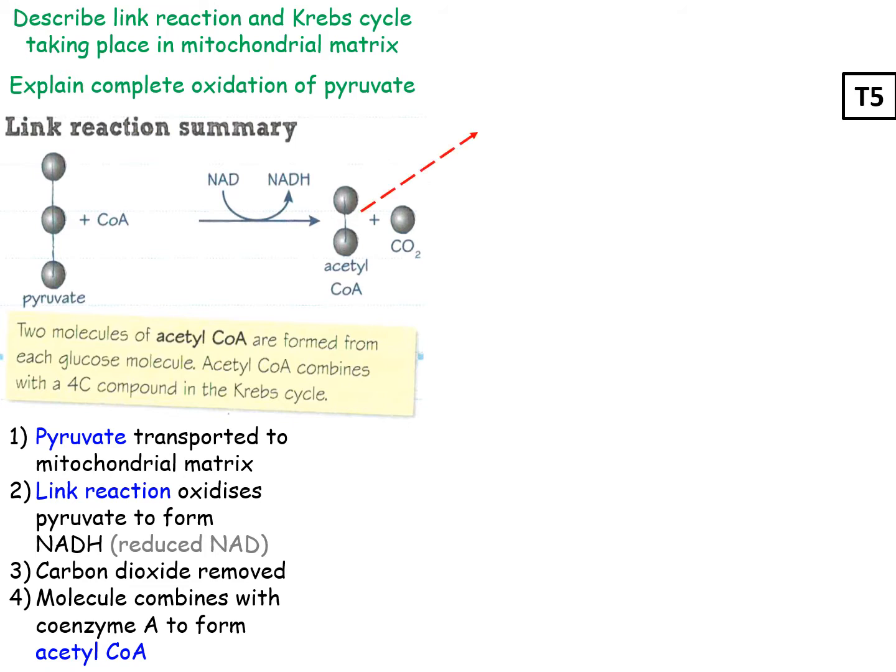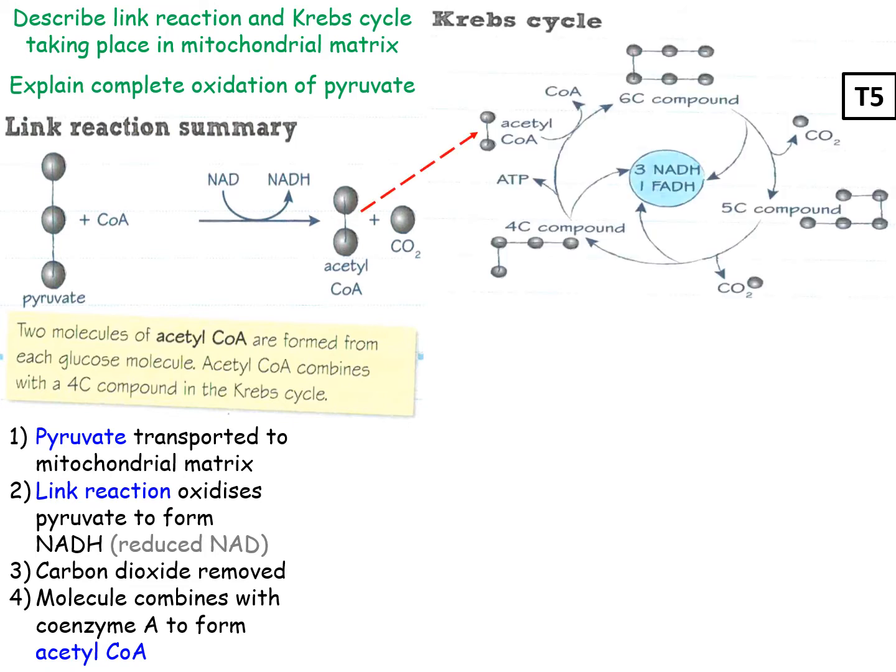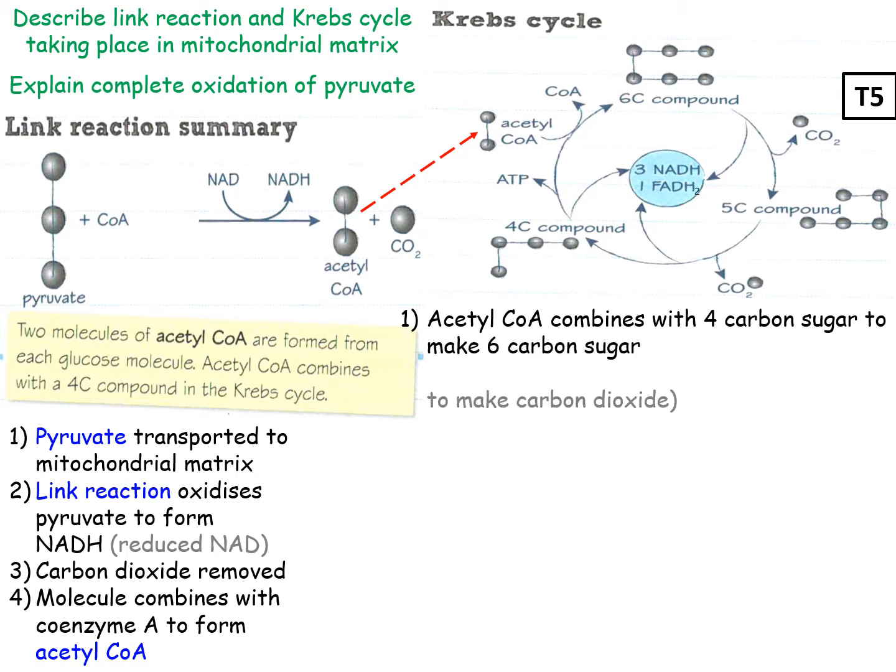That acetyl-CoA then goes to the Krebs cycle, and in the Krebs cycle, acetyl-CoA, which is a 2-carbon molecule, combines with a 4-carbon sugar to form a 6-carbon sugar. And that 6-carbon sugar then gets decarboxylated, which means that there's a removal of carbon to make carbon dioxide.